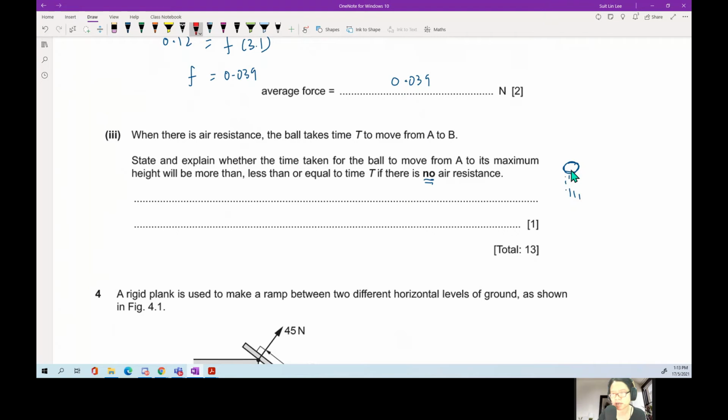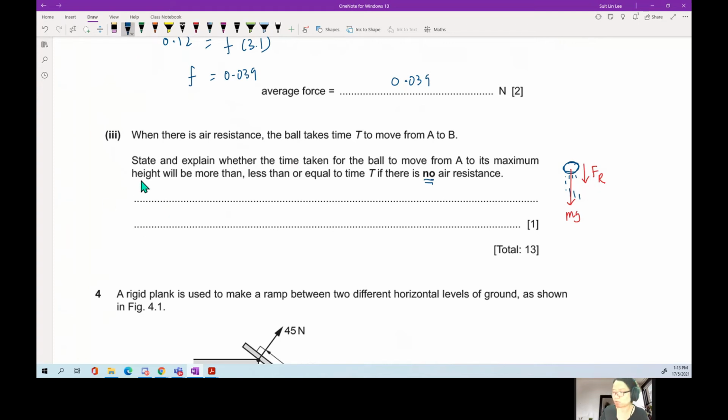There's obviously mg, our steady friend, and then there's also air resistance, Fr. If you don't have air resistance, your downward net force will be less. So the acceleration is less, and then it will take a longer time.